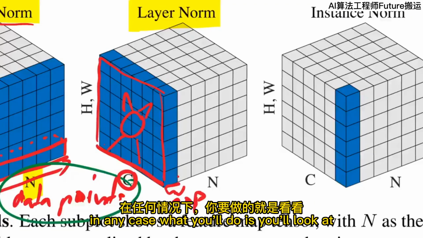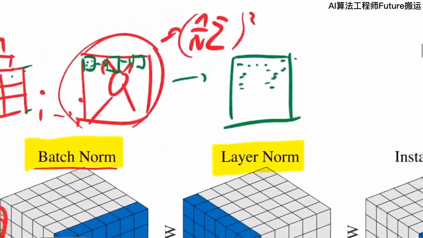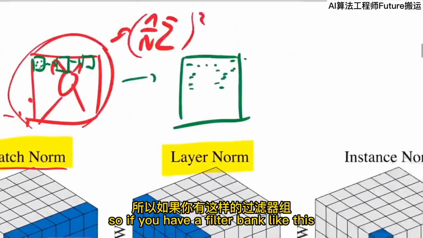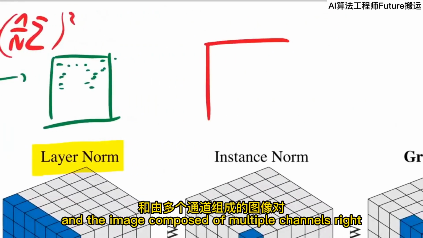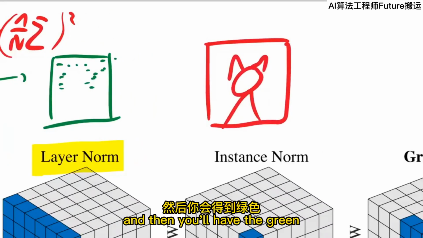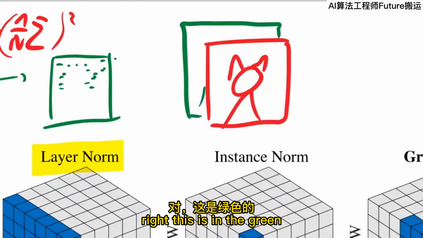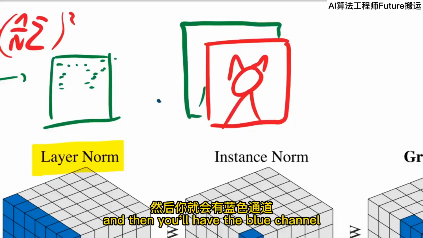In any case, if you have a filter bank like this, you have an image, and the image is composed of multiple channels, right? This is the red, and then you'll have the green, and then you'll have the blue channel.